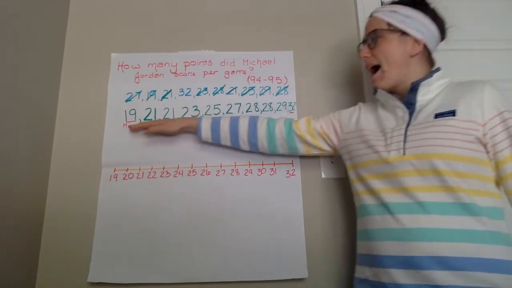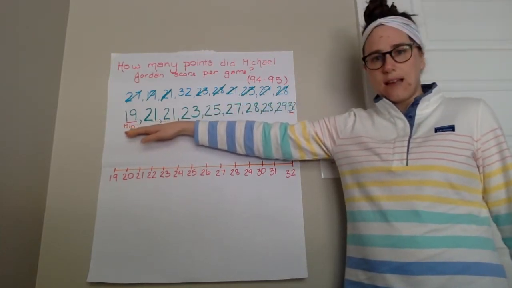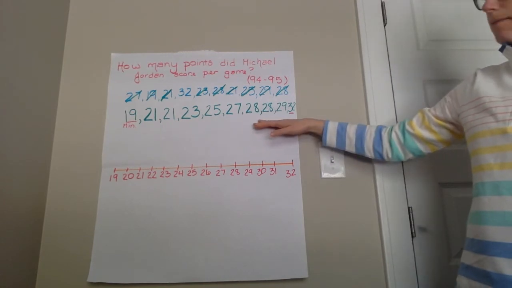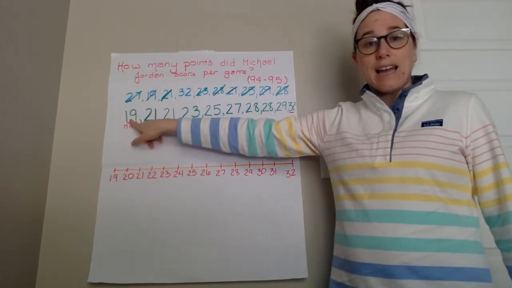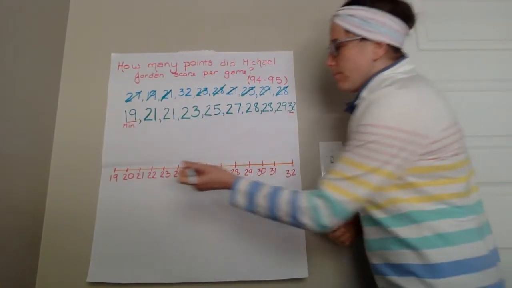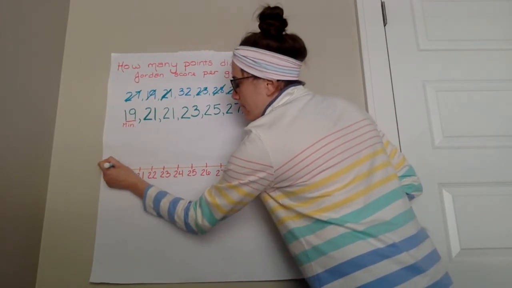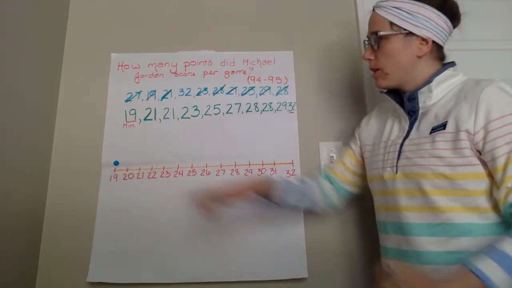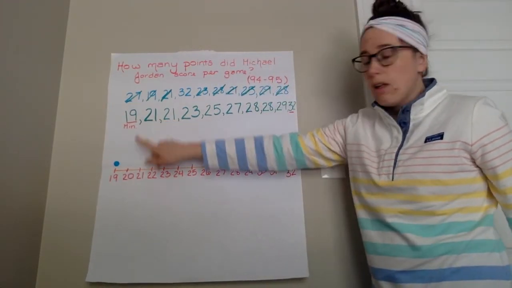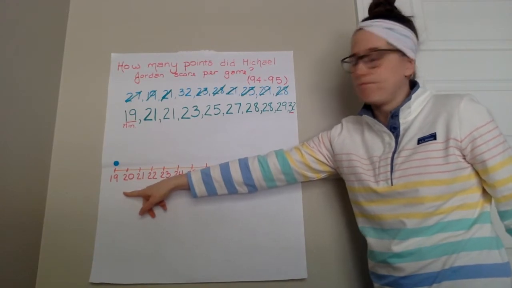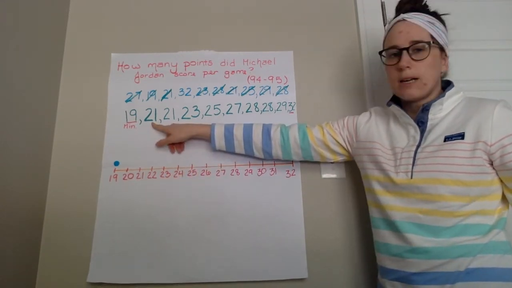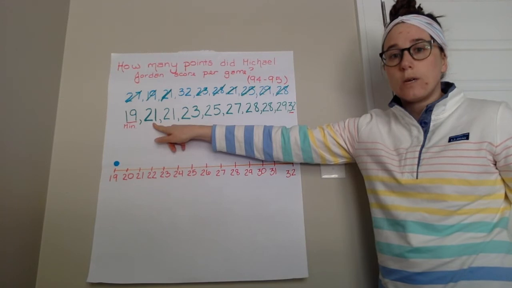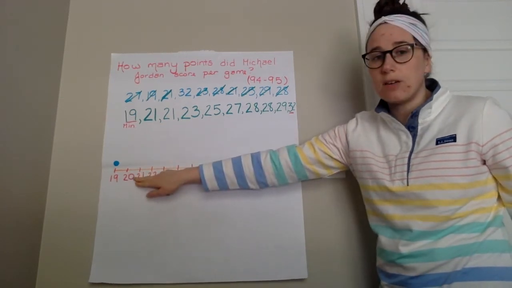I'm going to go back to my data set, which I have listed right here. I have a 19. That means I need to put a dot above 19. Because there was only one 19, there's only one dot. The next number I see in my data set is a 21. That means I'm skipping over 20.